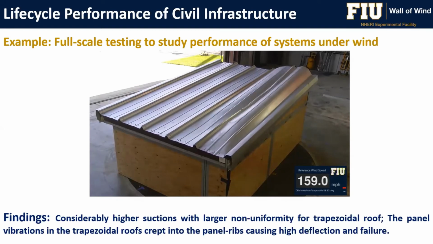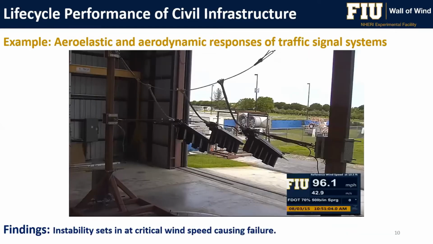And we can learn about that performance and then come up with mitigation or retrofitting or new design techniques to improve it. So we have that capability. As you can see here in the picture, we are simulating up to 159 miles per hour of wind speed, which is a very high Category 5 wind speed.